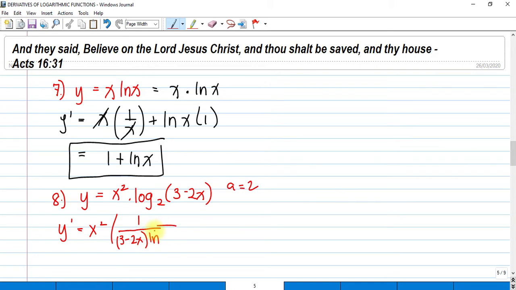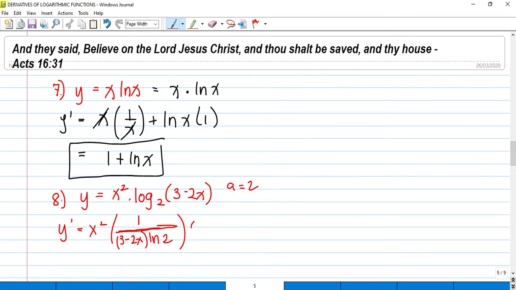ln of a, which is 2. But since again we have an inside function of 3 minus 2x and not only x, we need to get the derivative of the inside function 3 minus 2x with respect to x. So that would be what?